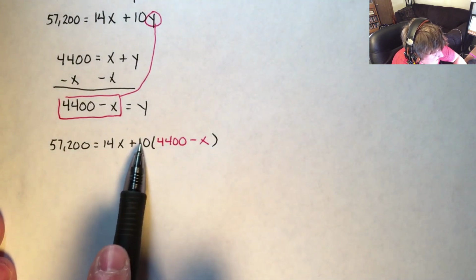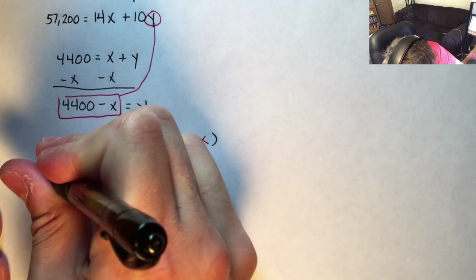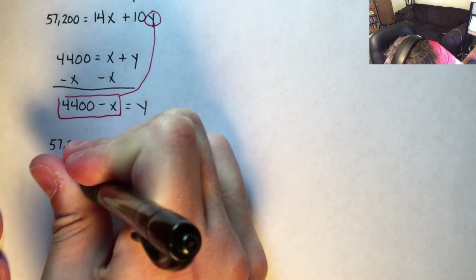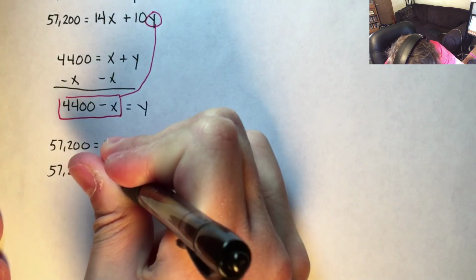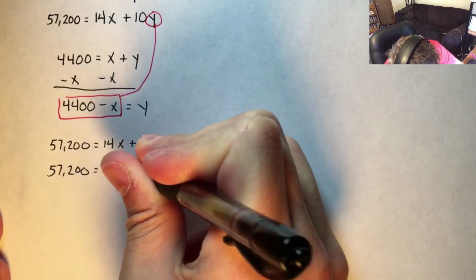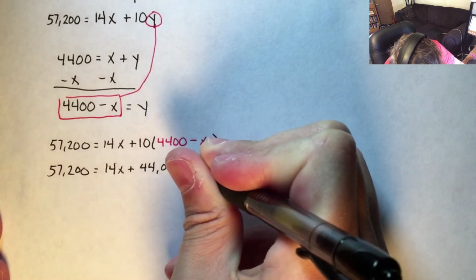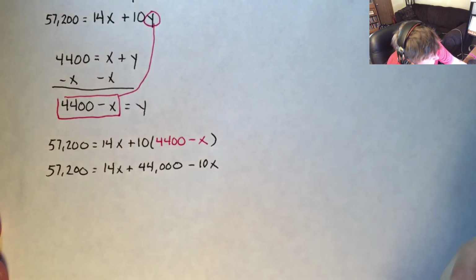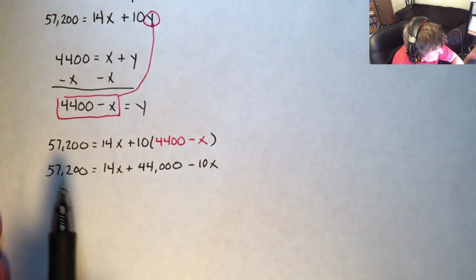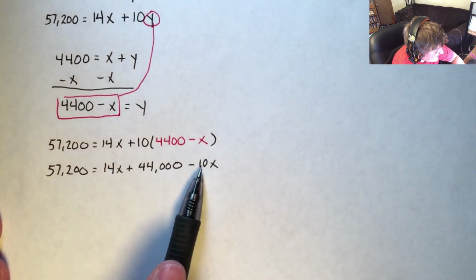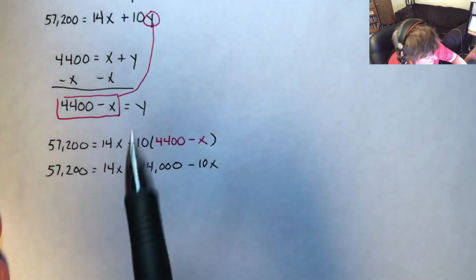Then I can distribute here. 4,400 times 10 is now 44,000. I have 14x and negative 10x. There's 4 more positive x's here.